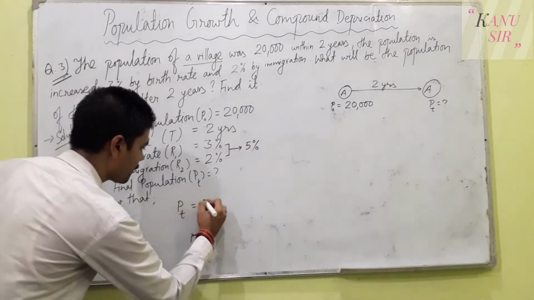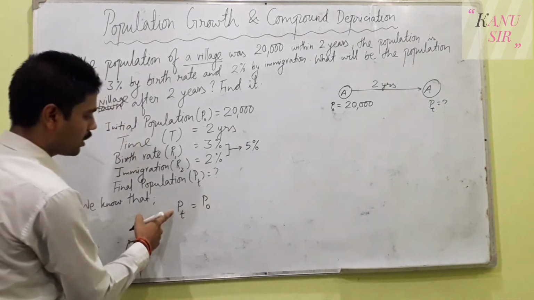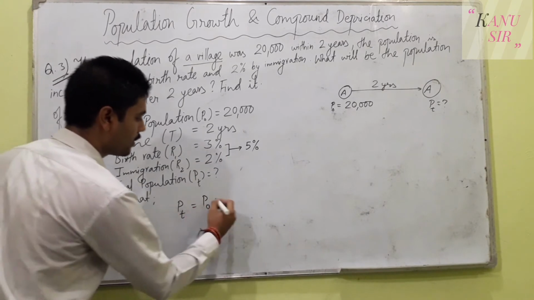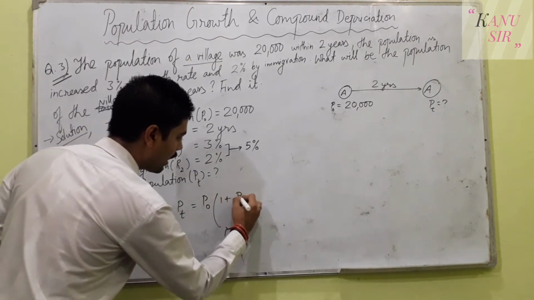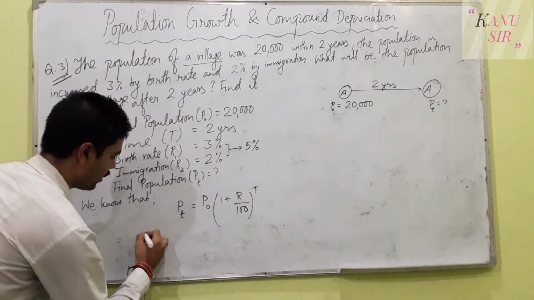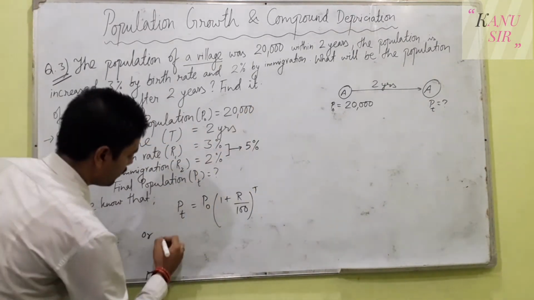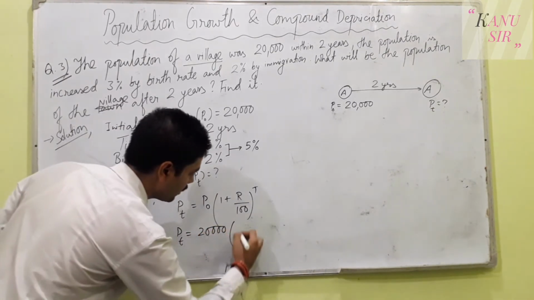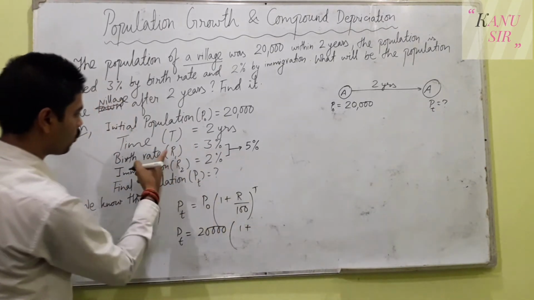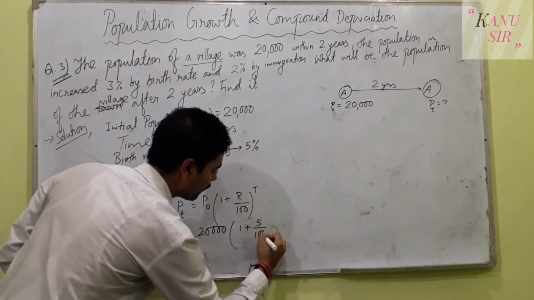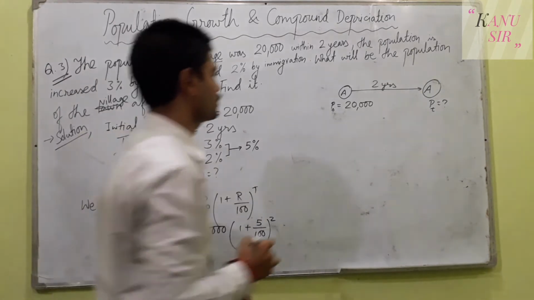So we will write here, total population or final population is P_T and initial is P_0, (1 plus R upon 100) to the power T. Or P_T is equal to the initial population 20,000 times (1 plus R, in total R1 plus R2 is 5, by 100) to the power 2.